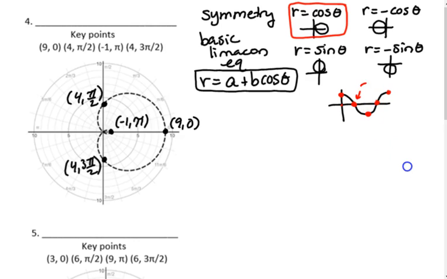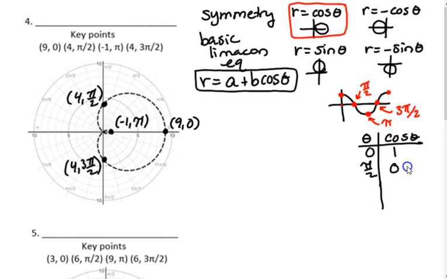So basically what we know here is if theta is 0, cosine of theta is 1. Theta is pi over 2, cosine of theta is 0. Theta is pi, cosine of theta is negative 1. 3 pi over 2, cosine of theta is 0. And when I get back to 2 pi, I'm back to 1 again.